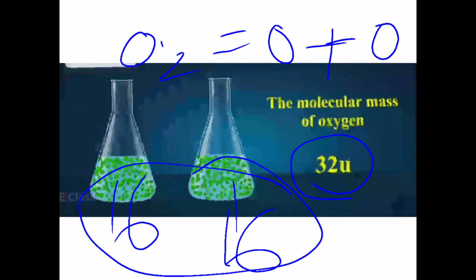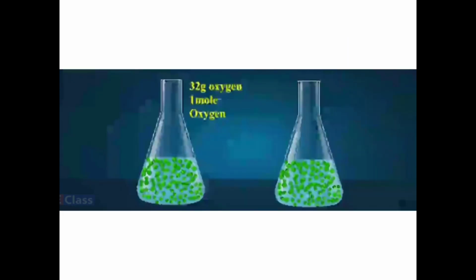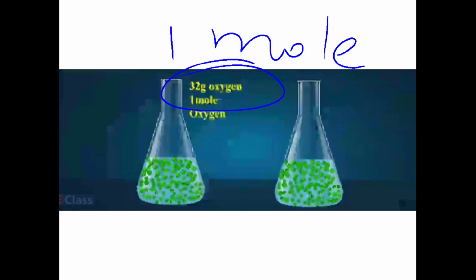Now I have taken one molecule of oxygen and seen that the mass comes out to be 32 Dalton. So just replace this Dalton by grams, and you will get 32 grams of oxygen. That is called 1 mole. Not molecule, 1 mole of oxygen.